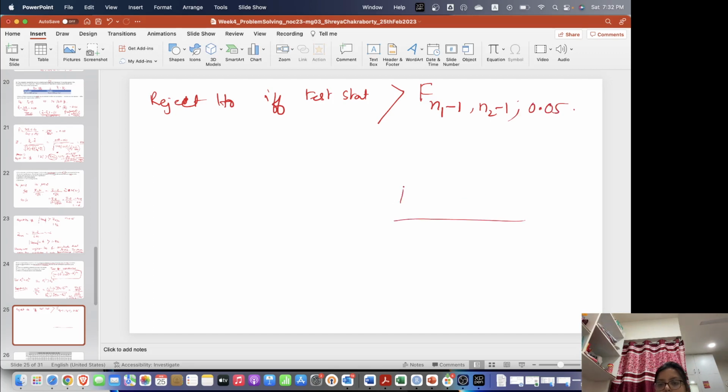So let's say if this is the statistic with n1 minus 1 and n2 minus 1 degrees of freedom, this is the point above which 0.05 is the area.